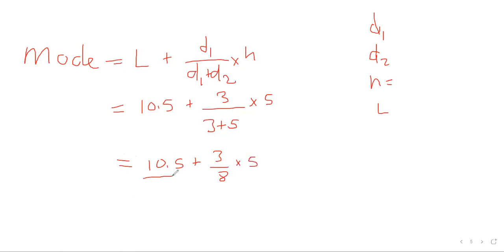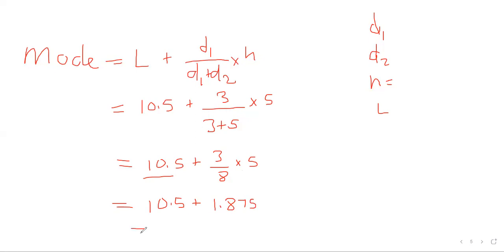Don't touch this until you rectify the BODMAS side. So 10.5 plus 3 times 5 is 15. 15/8, what do we get? 1.875.